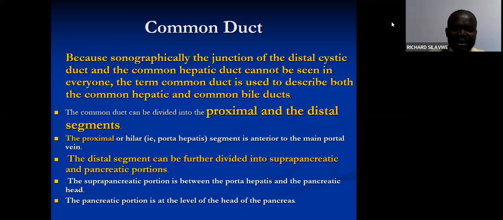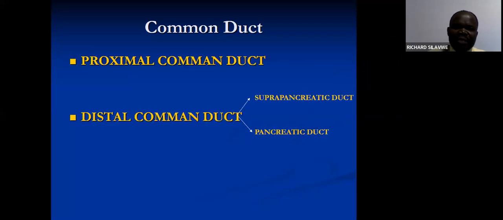So the suprapancreatic portion is between the porta hepatis and the pancreatic head. That is the head of the pancreas. And the pancreatic portion is at the level of the head of the pancreas. So this one, I'm just showing you the common duct, the proximal common duct, the distal one, which has got the suprapancreatic duct and the pancreatic duct.